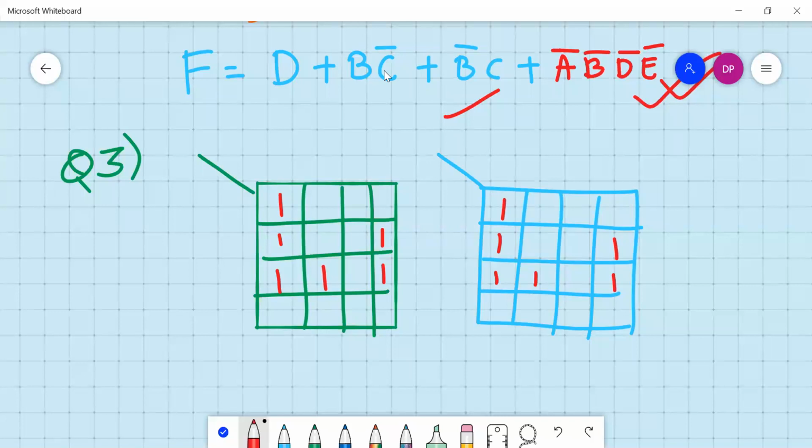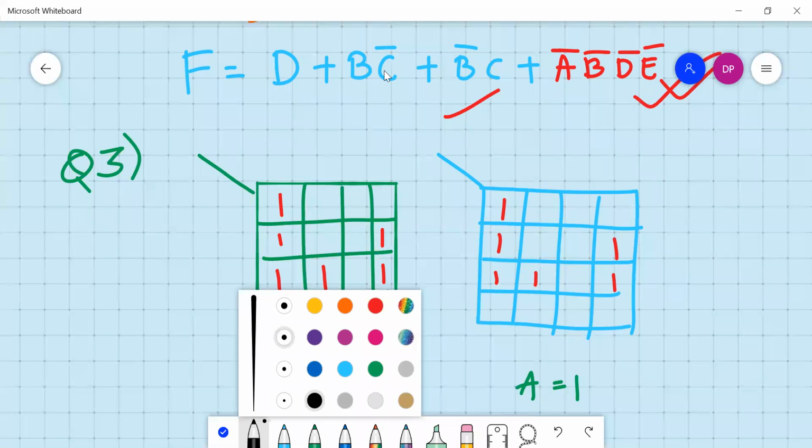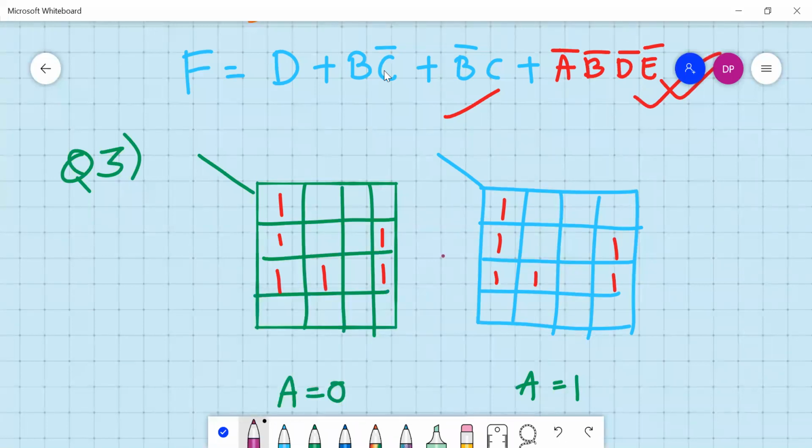Now see what possible groups we can make. This is for A equal to 0, this is for A equal to 1. Right? We can make one group, this and this. So 1, 2, 3, 4, 5, 6, 7, 8. Isn't it? So what will be the answer?